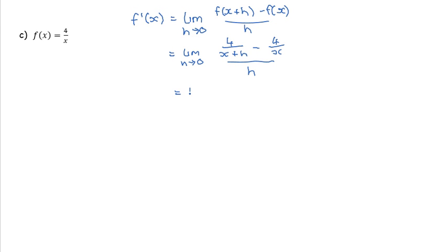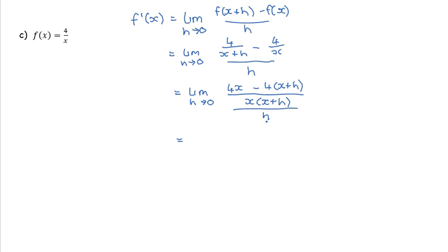What I'm going to do in the top line is combine the fractions into one expression. So what we'd get would be 4x minus 4 times x plus h, all over x times x plus h. That's the top line, and that's all over h.